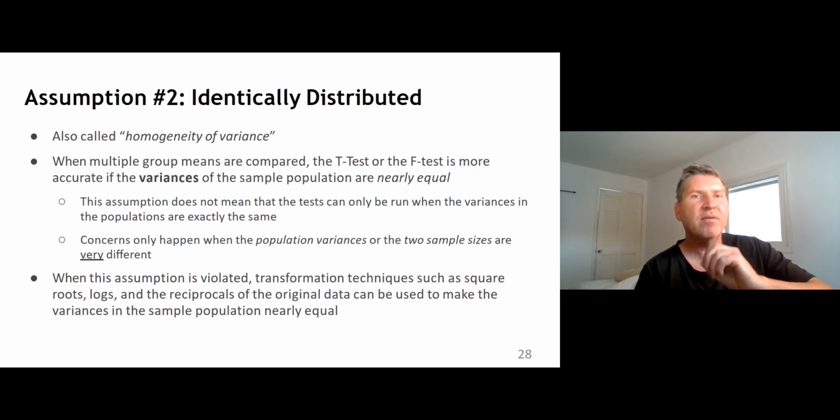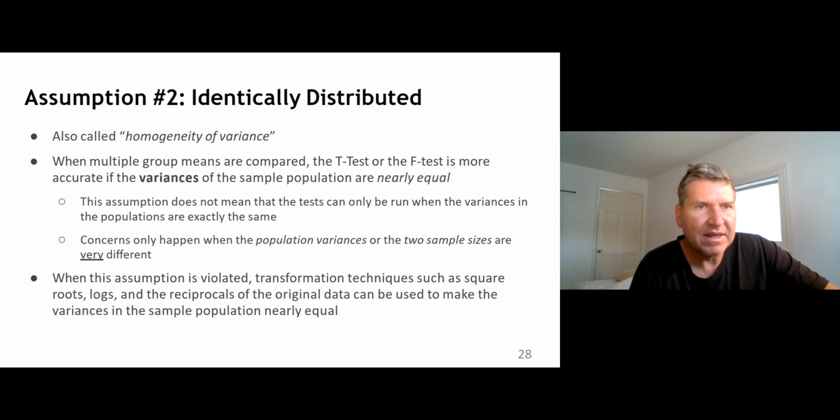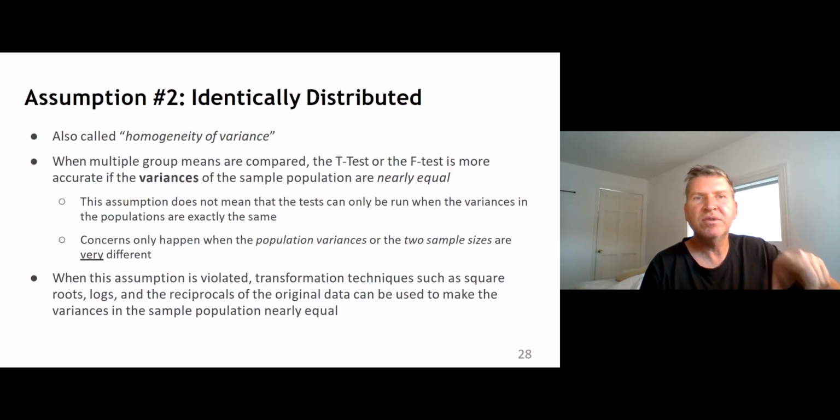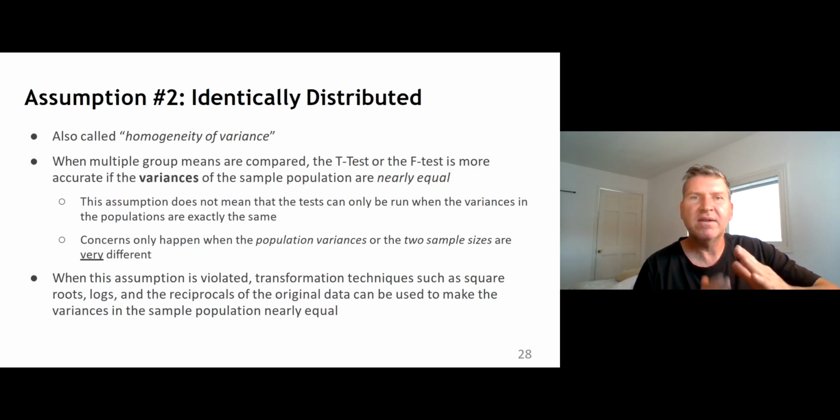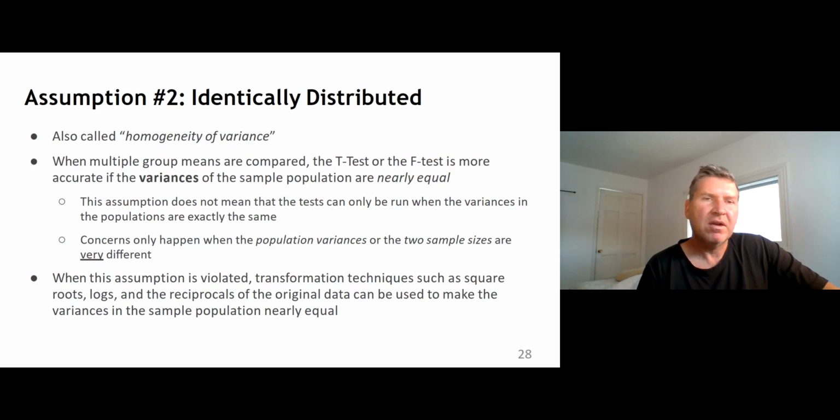We also want to make sure we have what's called homogeneity of variance. So when we have multiple groups, we want to make sure that the variances are kind of equal. Imagine we got a bunch of heights of people. When we compare the means, if the variances of those two different groups have a nearly equal bell shape curve, then we will be in good shape.